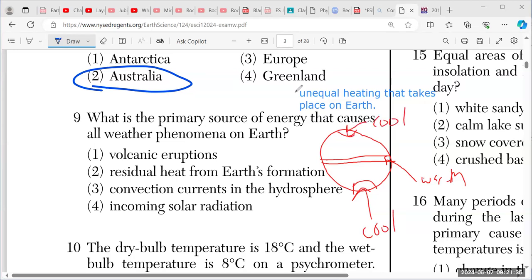Because of this unequal heating that takes place on the earth, this is how we get the development of pressure systems and of the different types of air masses that are eventually moving all around the earth. And so the choice that says the reason we have weather phenomena is due to the unequal heating that takes place on the earth, that comes from incoming solar radiation. And so the correct answer is choice 4.